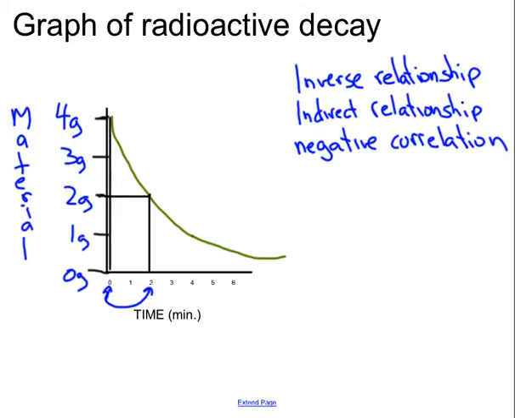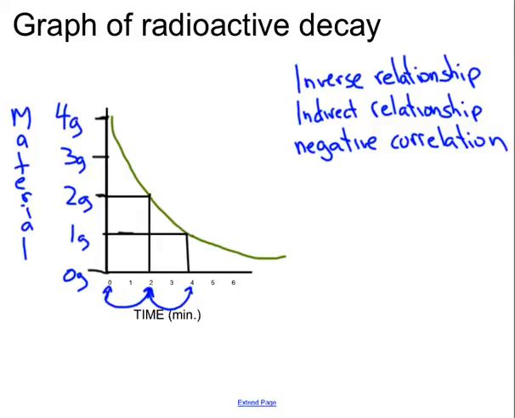After a half-life went by, how much would you have then? Well, then you'd only have 1 gram. I can do this. It's not a perfect graph, but how long did it take? Oh, from the 2 to the 4, that's 2 minutes.